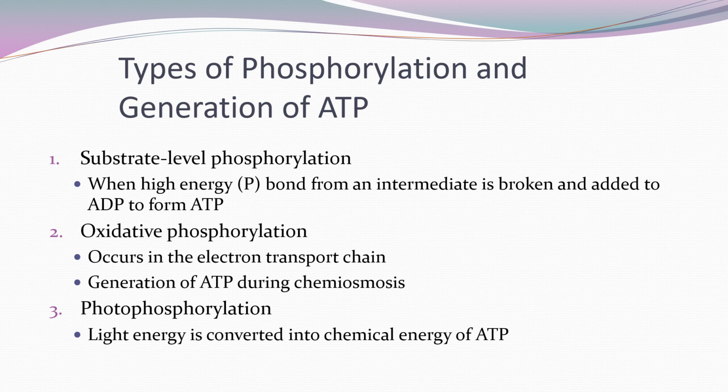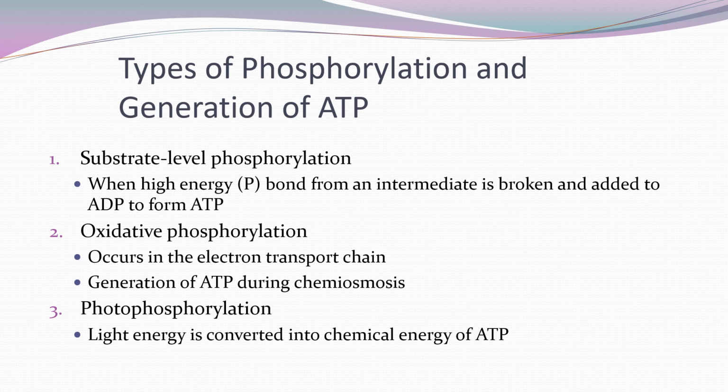So we want to discuss this when it comes to making ATP. There are three types of phosphorylation. The first is substrate level phosphorylation, and I want you to think of this as being like small potatoes. We are not making that much energy at a time in the form of ATP.